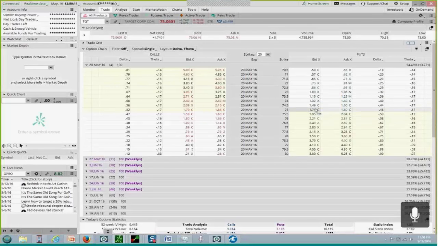vertical spreads. So in this case, we could do a vertical by selling the lower boundary of where we think something's going to go to, and collecting $1. 75 cents is about the lowest that I'd want to collect if I'm going to sell an option. So I could see selling the 72 for 75 cents.